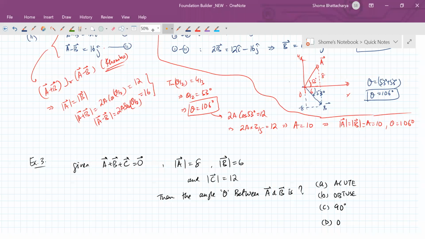Yeah, zero vector, null vector. If you express the sum of vectors as nothing or zero, it should be as a null vector. No?